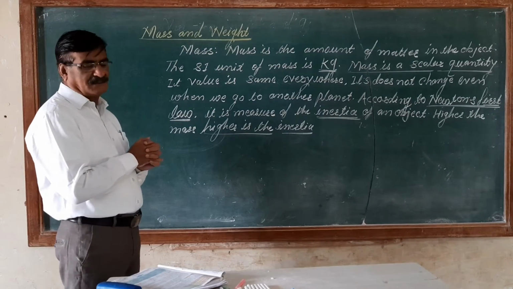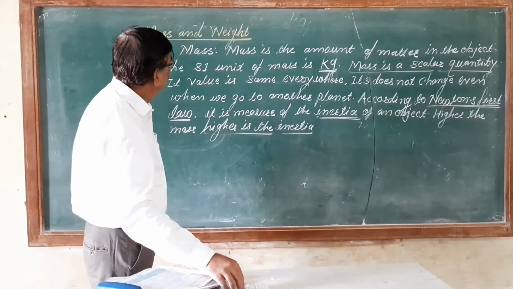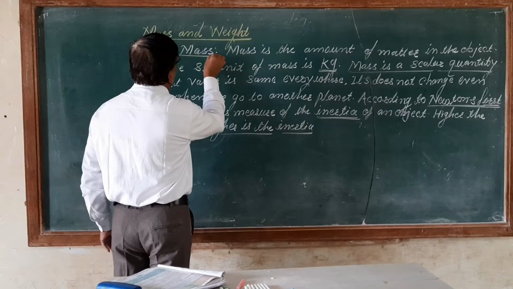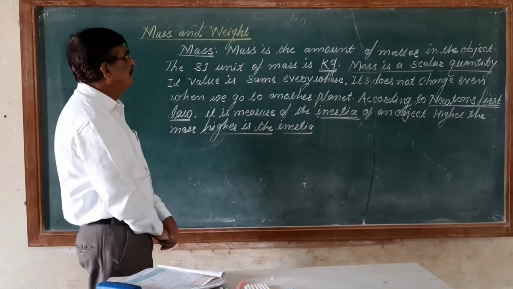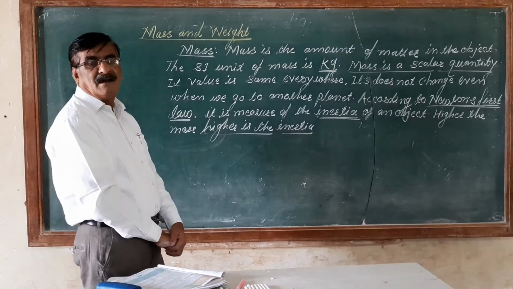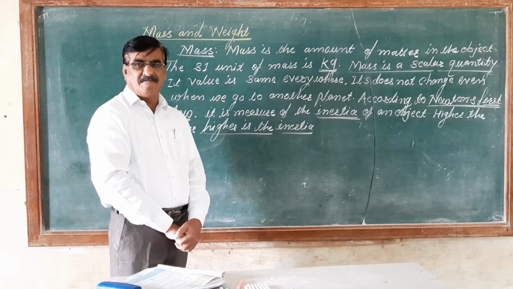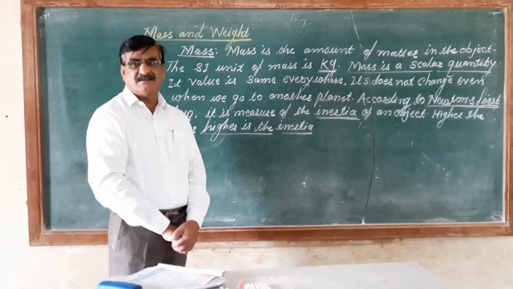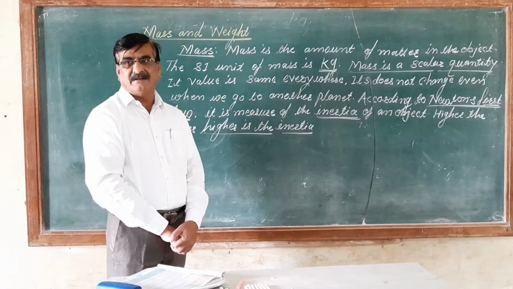The mass of the object is the amount of matter, how much matter is in that object, in that body.